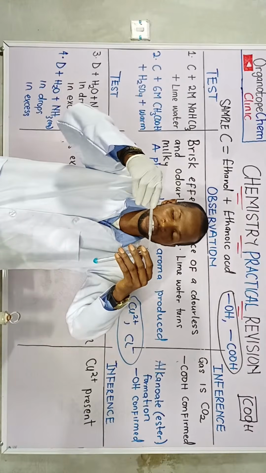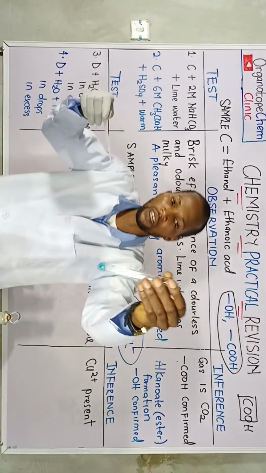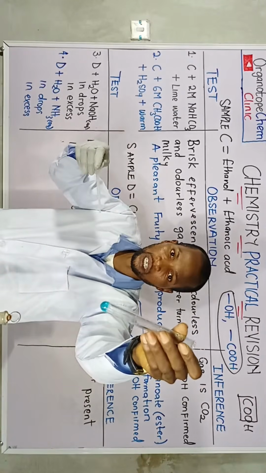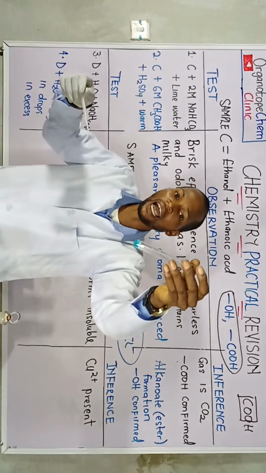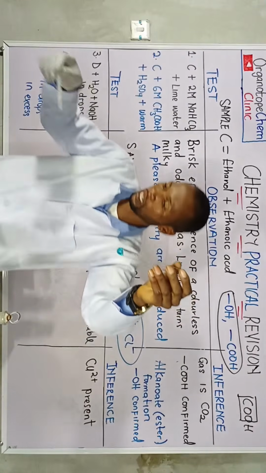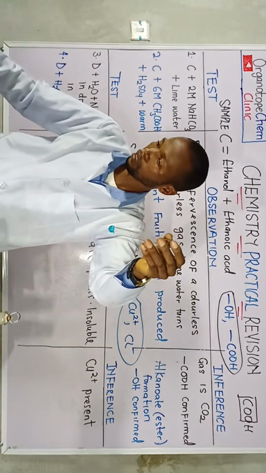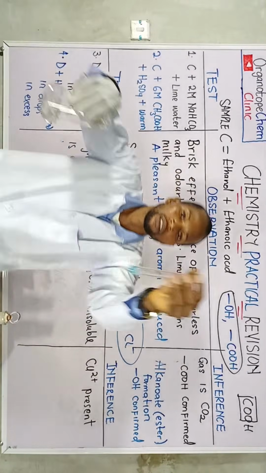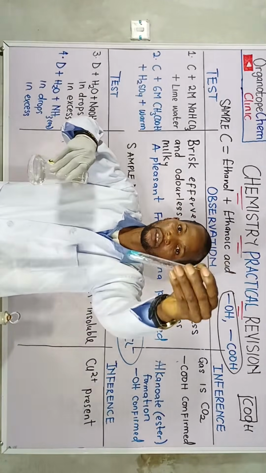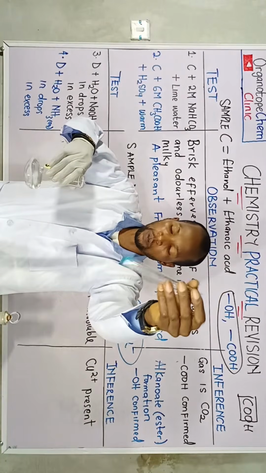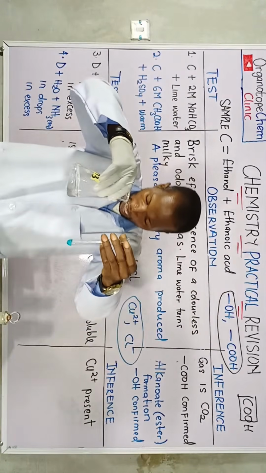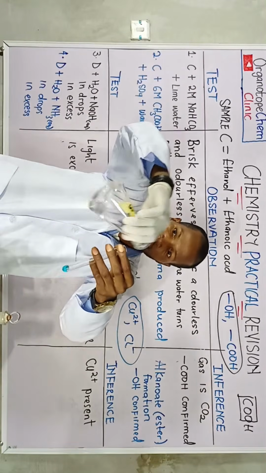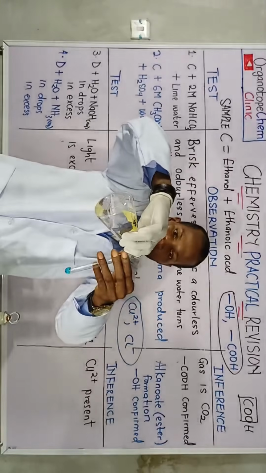All right, I've added in drops. What can we observe? We are having a light blue precipitate. By the time I add in excess, the color tends to change. So let me add in excess ammonia. Can you see, in drops we're having a light blue precipitate. So let me add in excess. Here's my ammonia.